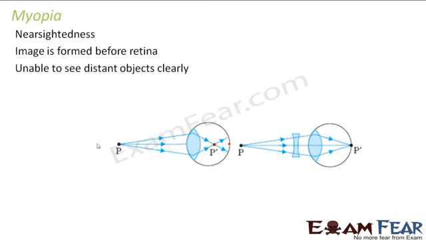In this case, if you look at this defect, what is happening? These rays are getting converged very quickly. So we put a lens which will not allow the rays of light to converge so quickly. We should put a diverging lens. This is a concave lens or a diverging lens. What will this lens do?